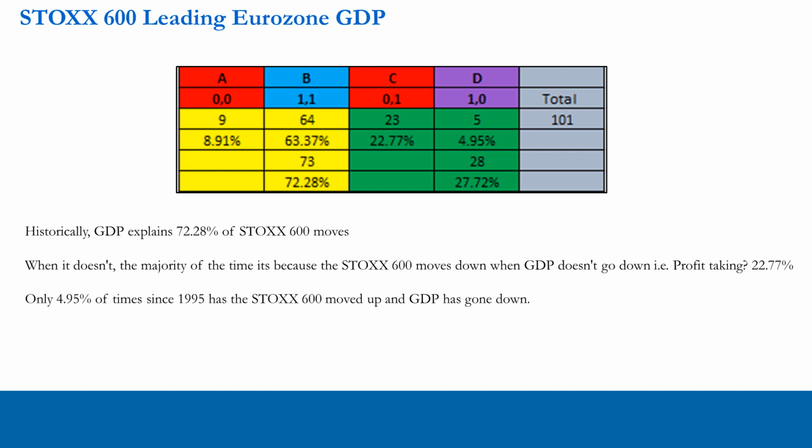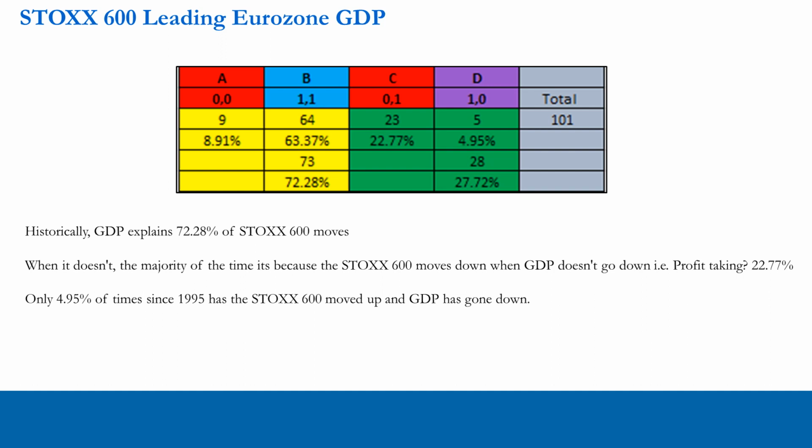And if you look in the spreadsheet, you'll see that the data in this case for the Eurozone only goes back to 1995, and we have a total of 101 cases. So that is 101 quarters. So about 25 years.